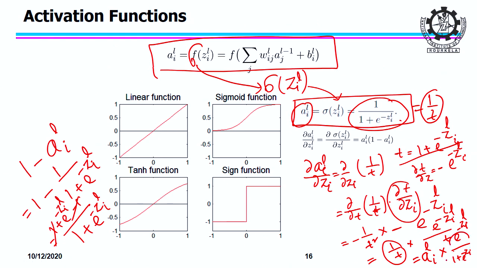So, this is nothing but 1 minus A I L. Therefore, the value will be A I L into this value, that is 1 minus A I L. Okay. So, this is the derivative part, we did it here.